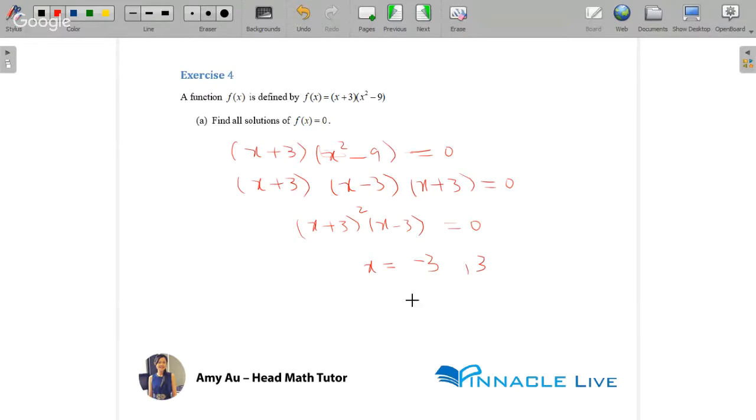Now, because it came from solving f(x) to 0, they are x-intercepts. So we've got x-intercepts at (-3, 0) and (3, 0). And that's basically it. Moving on.